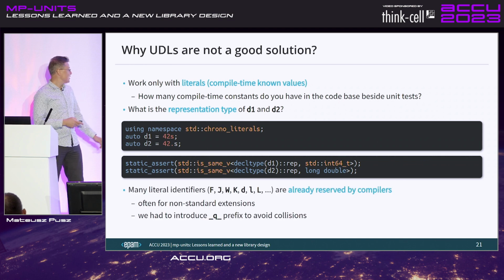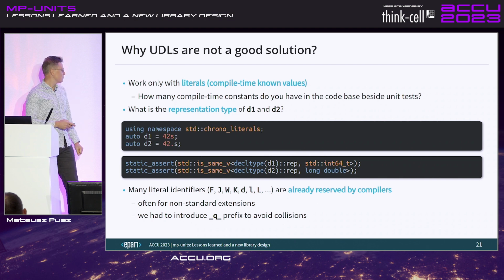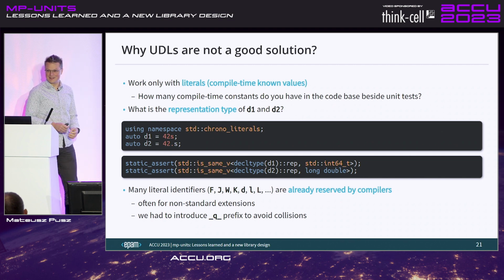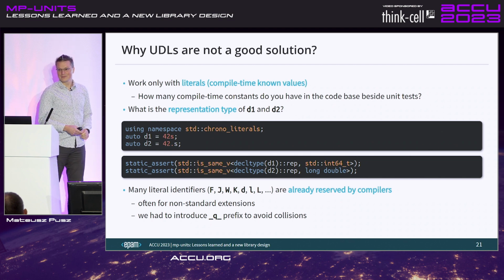Also, we found out that many literals, like Farad, Joule, Watt, Kelvin, and many others, are already reserved by compilers. Those are mostly non-standard extensions. So we could say, well, compilers stop doing that, but this breaks users' code, right? So as this was meant to be standardized, I couldn't say 44 or 42 farads or joules.